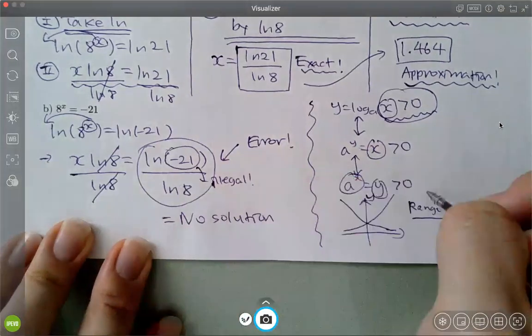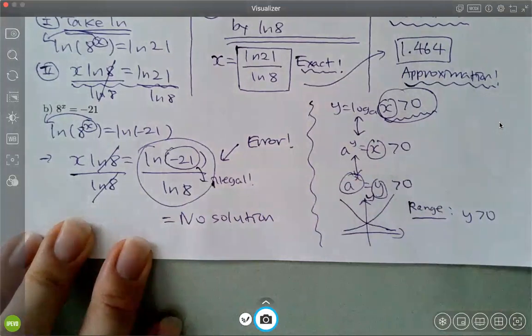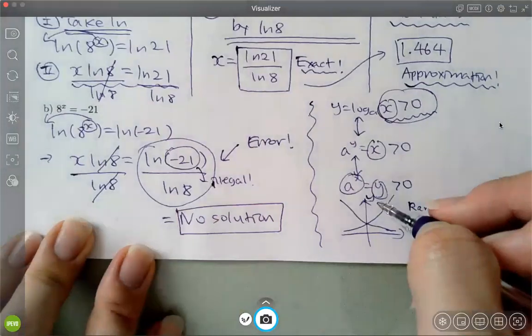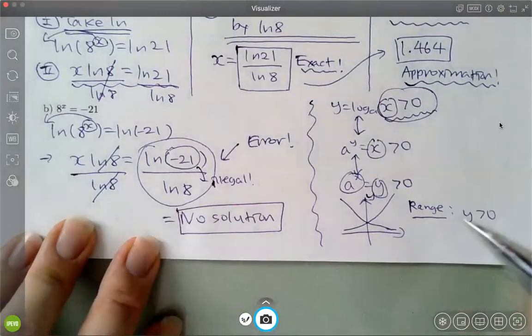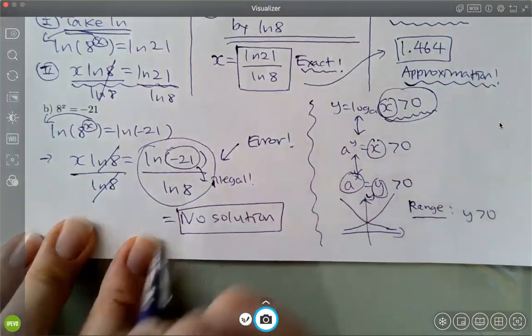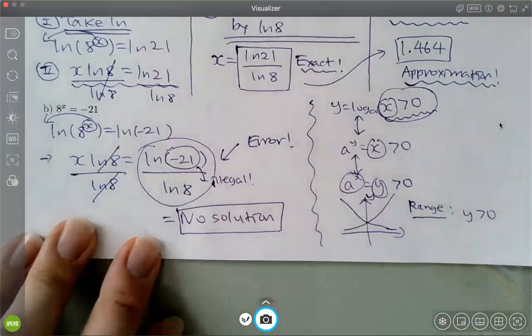Okay, so here I have to say no real number solution, but it actually means no solution. Okay, so be careful. You cannot have negative number inside the log. That will appear when we cover the log equations.